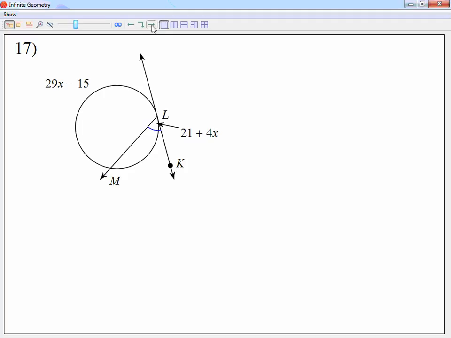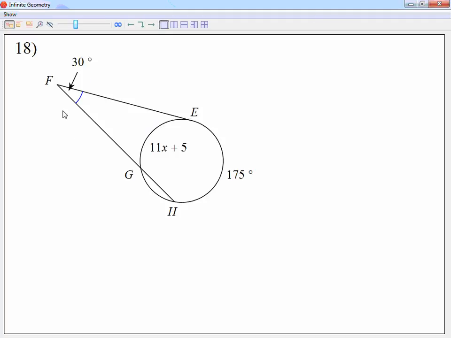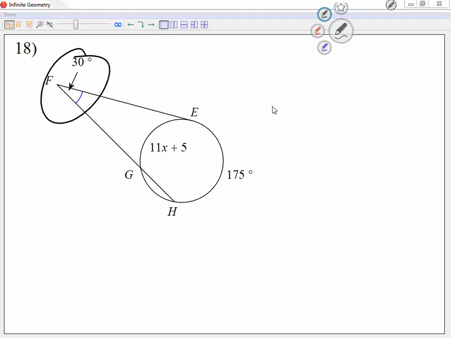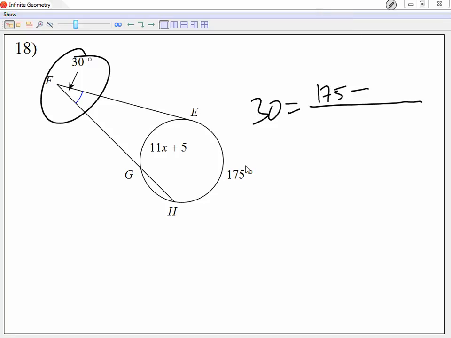Let's just look at 18 by itself. All right, 18. The angle is 30. So I'm going to start with the angle. Now, on my fraction, the bigger arc is 175. So I'm going to start with 175 minus the little arc, which is this thing. Because it has a plus or minus, I'm going to put it inside parentheses as 11x plus 5.